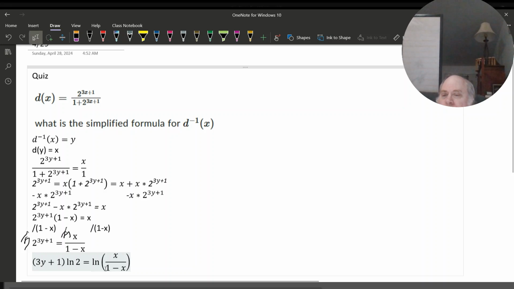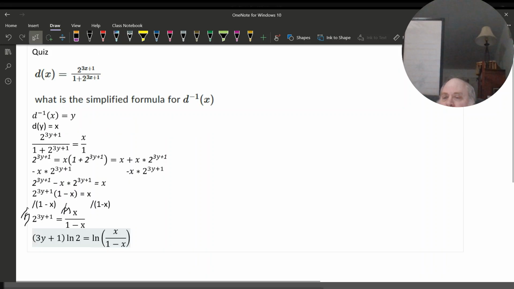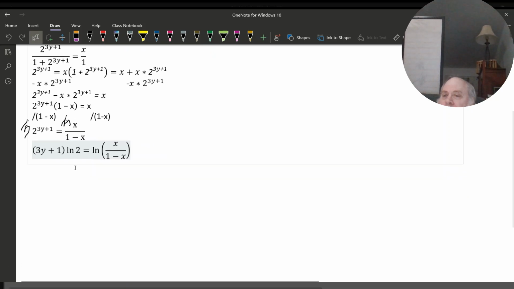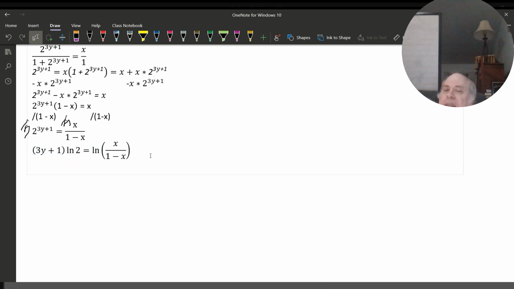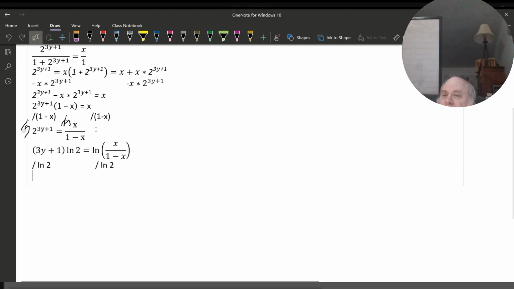And that's the way it goes. At this point, I'm going to just divide both sides by the ln of 2, because that's going to be the fastest route, I think.